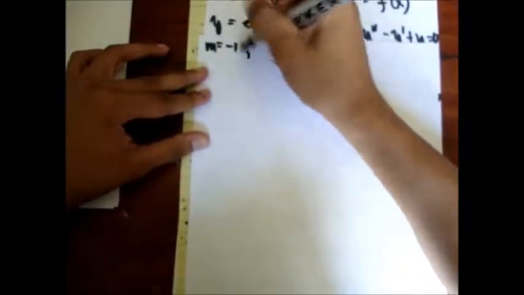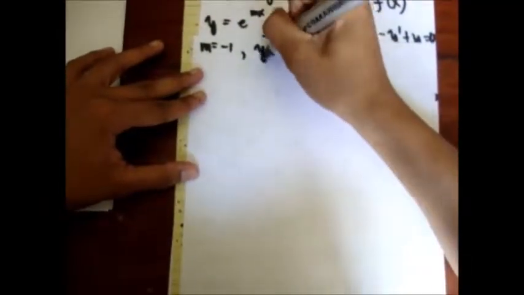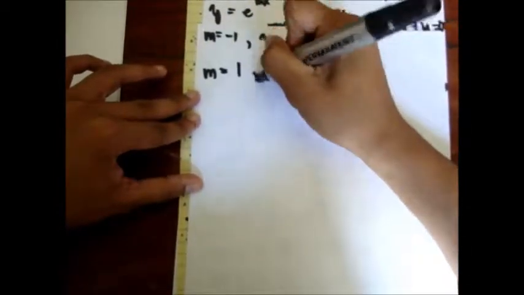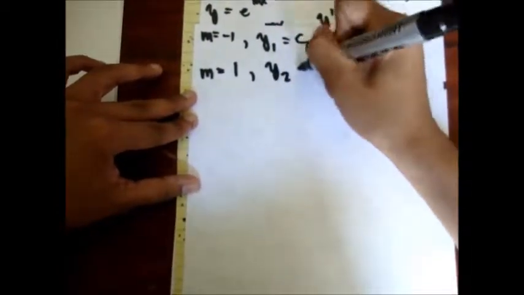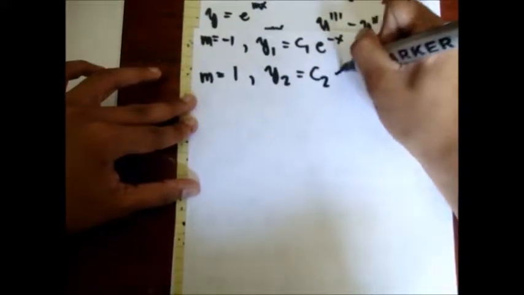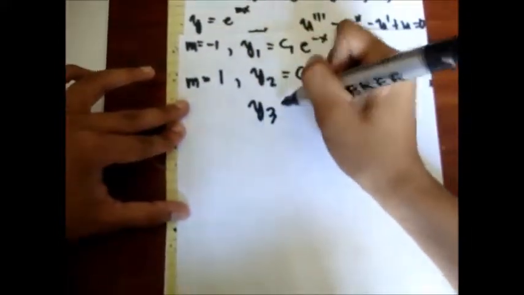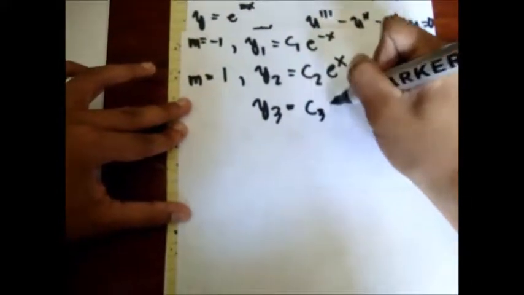So next, the root m equals negative 1 gives the value of y1, which is c1 e raised to negative x. The root m equals 1 gives the value of y2, which is c2 e raised to x. Since this is repeated, our y3 is c3 x e raised to x.